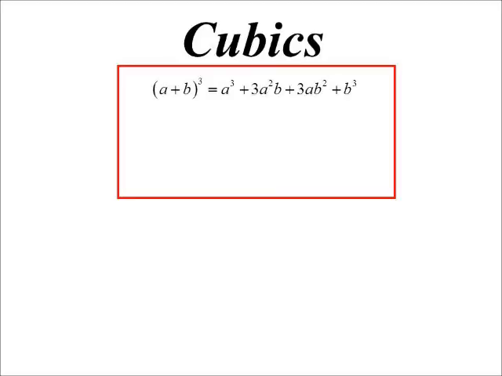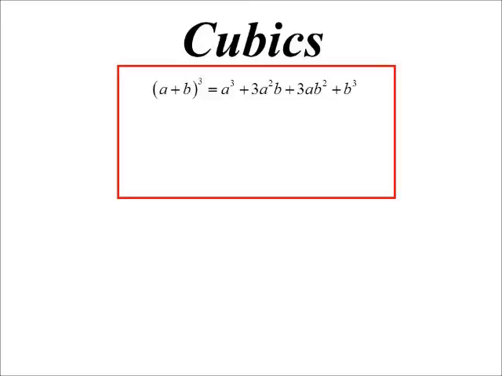So the expansion for (a + b) to the power of 4 would be a to the power of 4 plus 4a cubed b plus 6a squared b squared plus 4ab cubed plus b to the power of 4. And if we wanted 5, we could keep going.